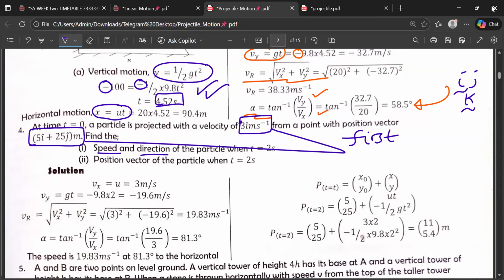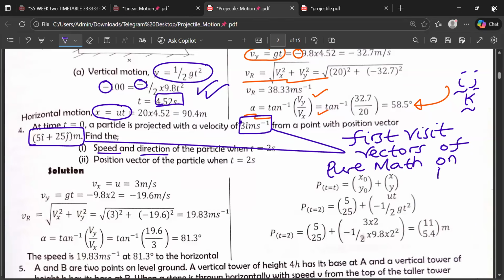But trust me, I will ask you to first visit vectors of pure math, because when you do applied math, you also do pure math. They are there on the drive. And then come back to understand number 4. Otherwise, you can even understand it without, if you have knowledge already.